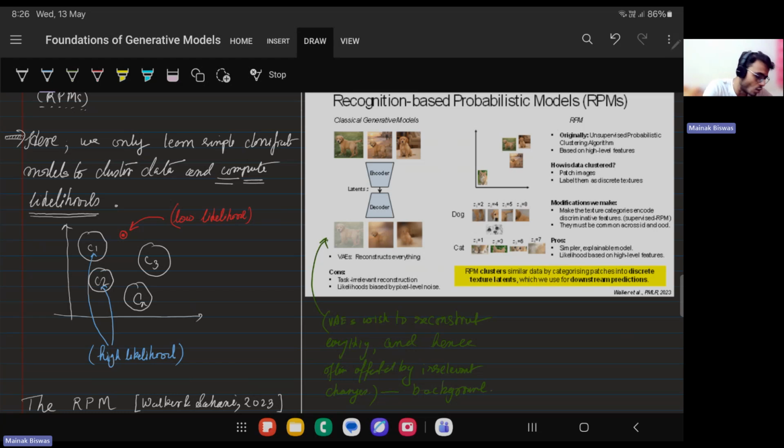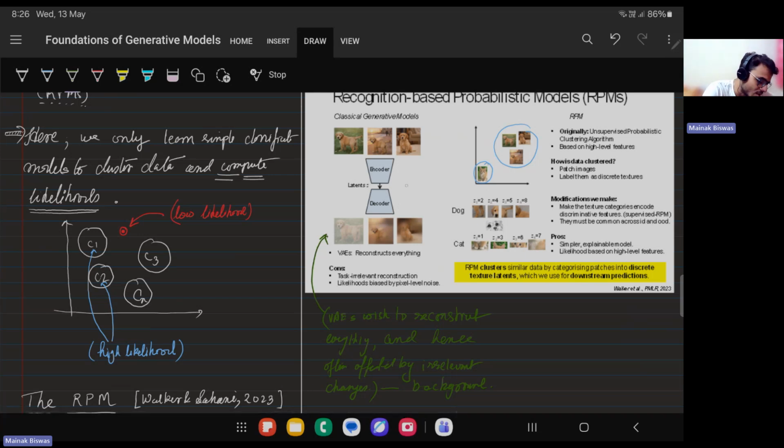On the other hand, what we want the RPM to do is put all the dogs here together and all the cats here together separately based on high level features such as patch information. So you could patch the images up independently and then say that based on this information, these are similar. And I don't need to reconstruct the entire image back, which I was doing here.